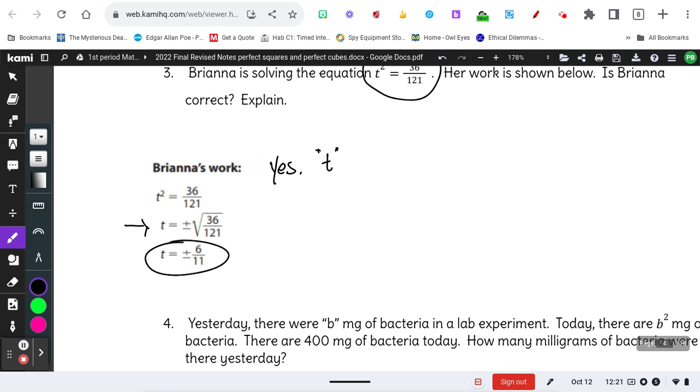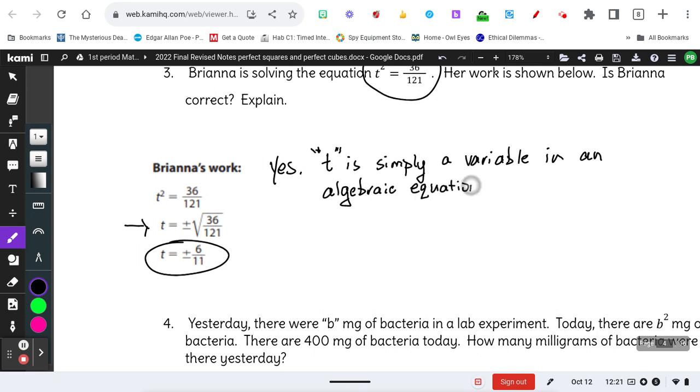Okay, t is simply a variable in an algebraic equation. I'm going to put this little symbol, which means therefore. Therefore, there should be two answers.